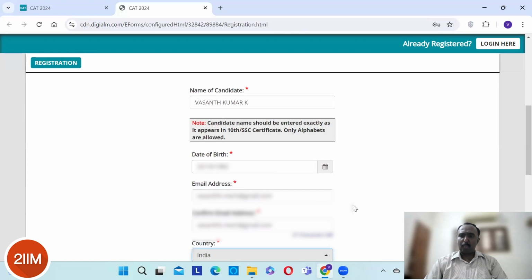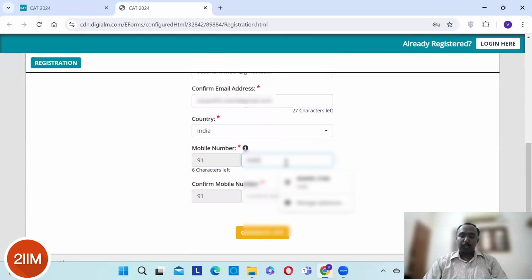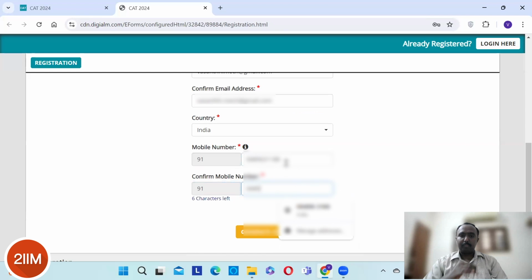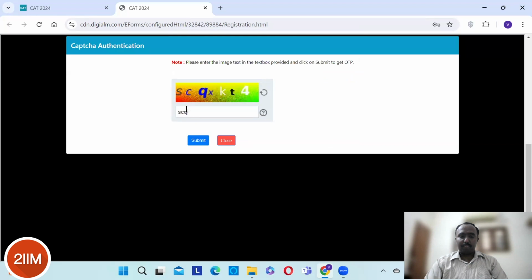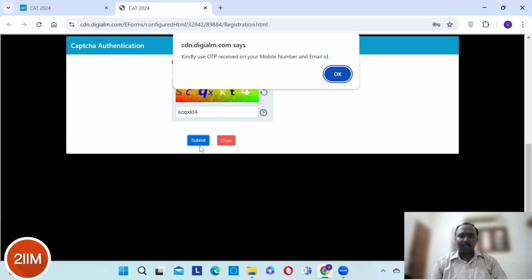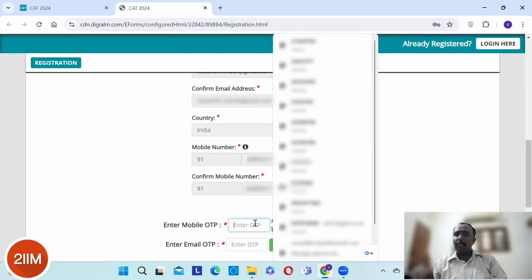Country, obviously India. Mobile number. So you need to generate an OTP. Now we will have two steps of OTP, one based on your mobile and the other will come to your email as well.